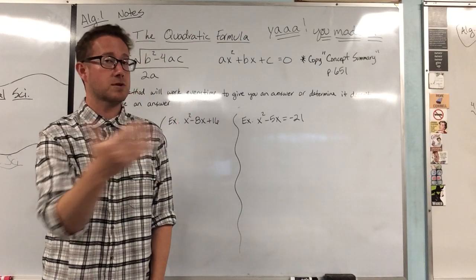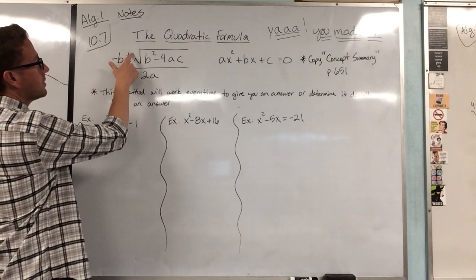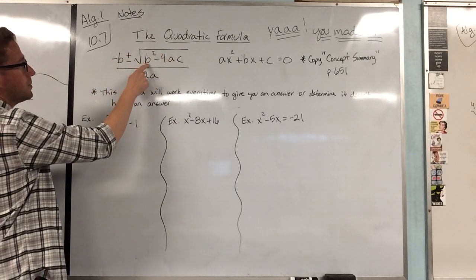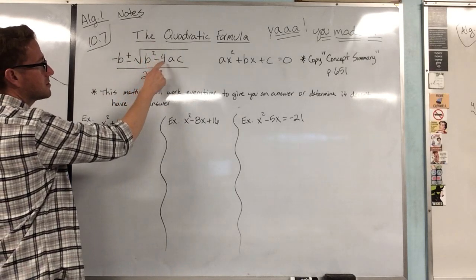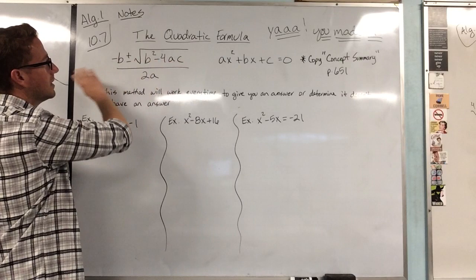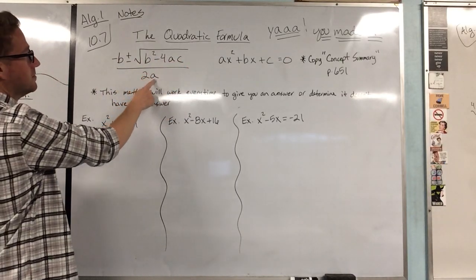Could be the negative, could be the positive, so you have to show both. So again, negative b plus or minus the square root of b squared minus 4 times a times c, and that whole thing is divided by 2 times a.